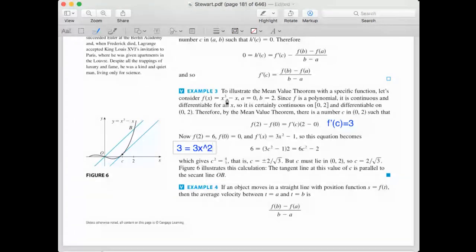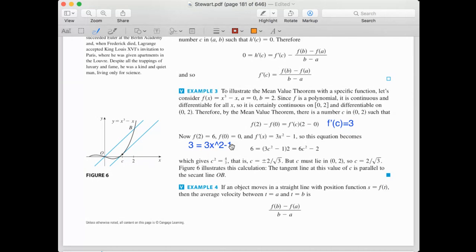The derivative of the function is 3x squared minus 1. Then we solve this equation. So 3x squared equals 4, so we get x squared equals 4 divided by 3.